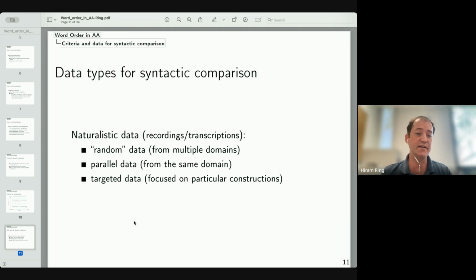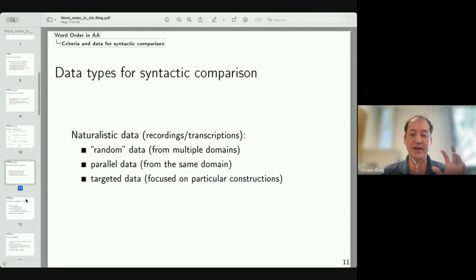Another kind of data that's also naturalistic would be parallel data. So this is data from the same domain that's gathered on multiple languages. And related to that is more targeted data. So you're trying to get data focused on particular constructions, either through experiments or through other means. So like the Pear Story, for example, might be a good way of targeting certain constructions, okay?